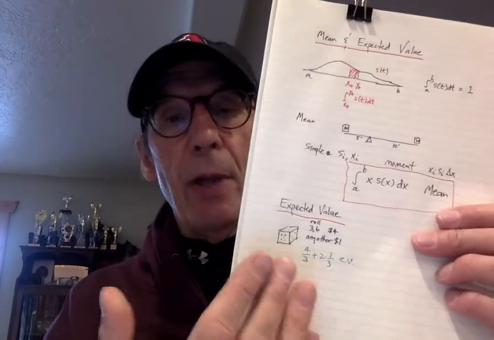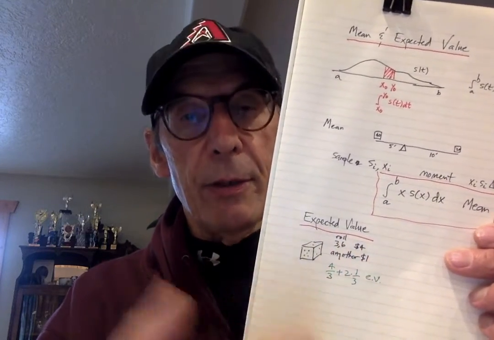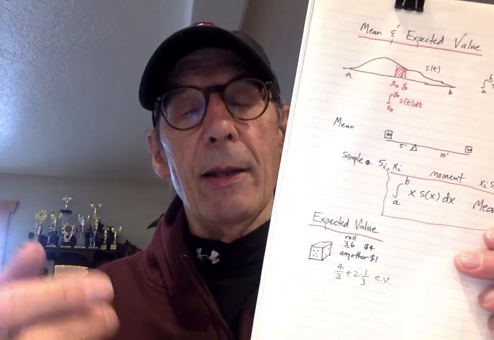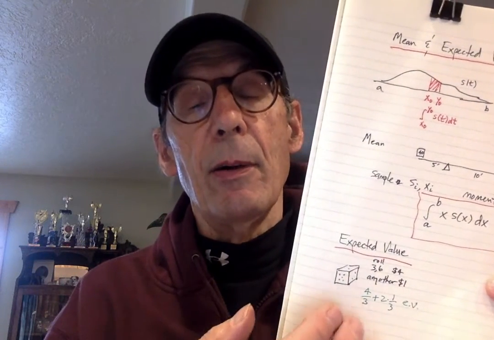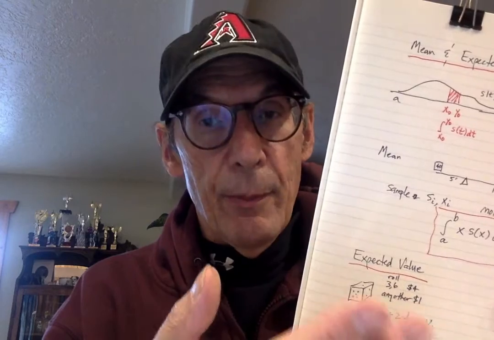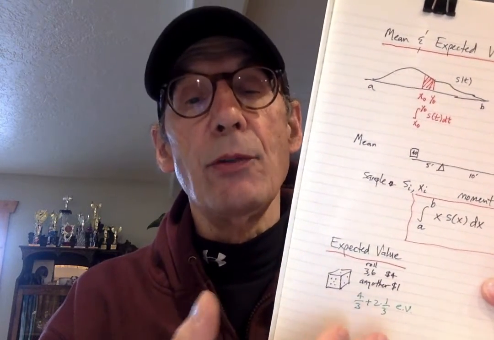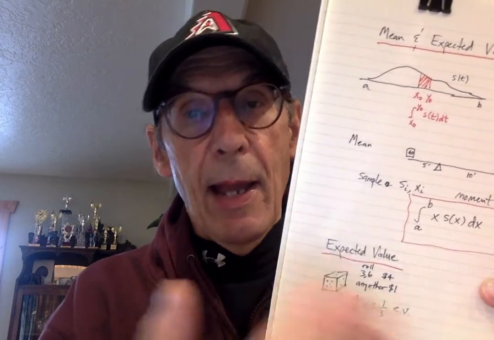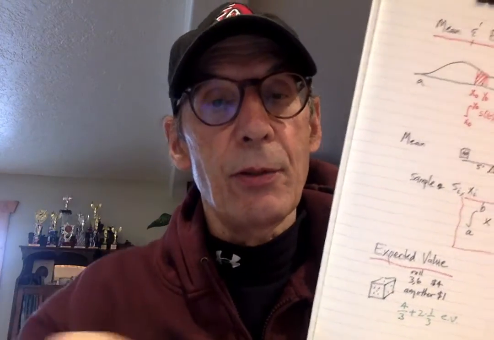So that's the expected value, EV. 2/3 of them would come out not 3 or 6, so you'd get $1, and that would be $2,000. A third of them would come out to be $4, that's $4,000. Then you add up all the money you got and divide by 3,000 to get a per play situation.